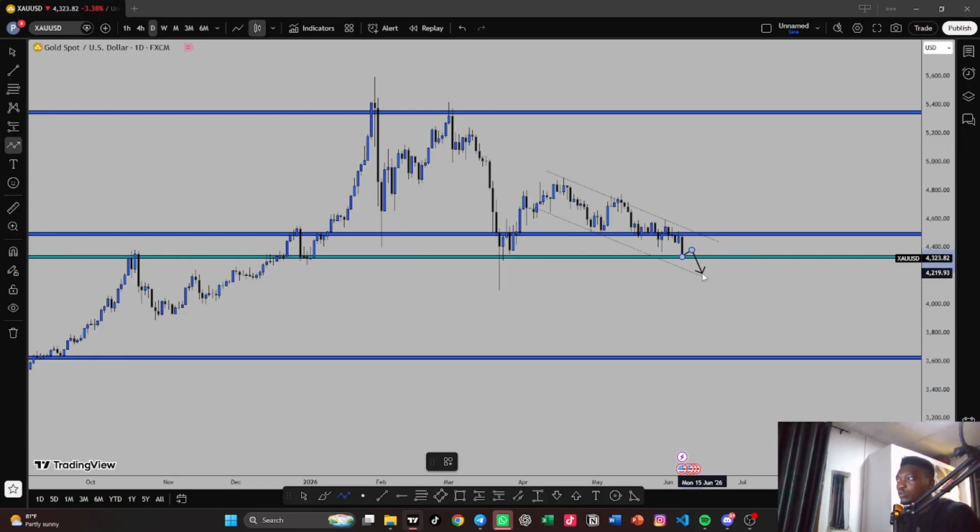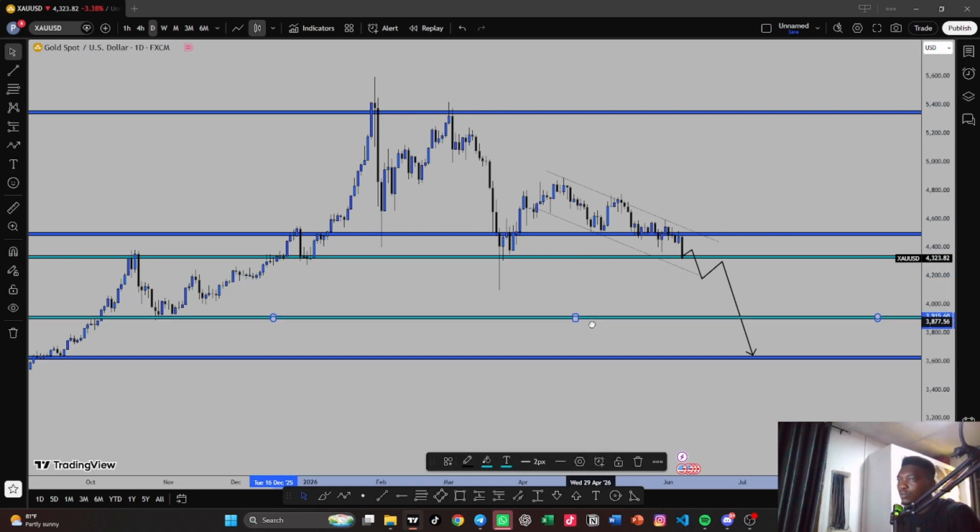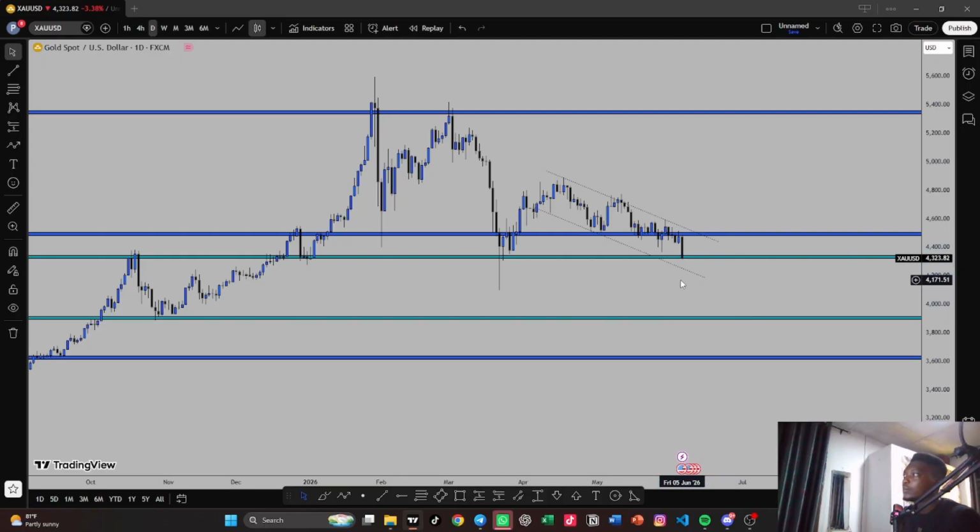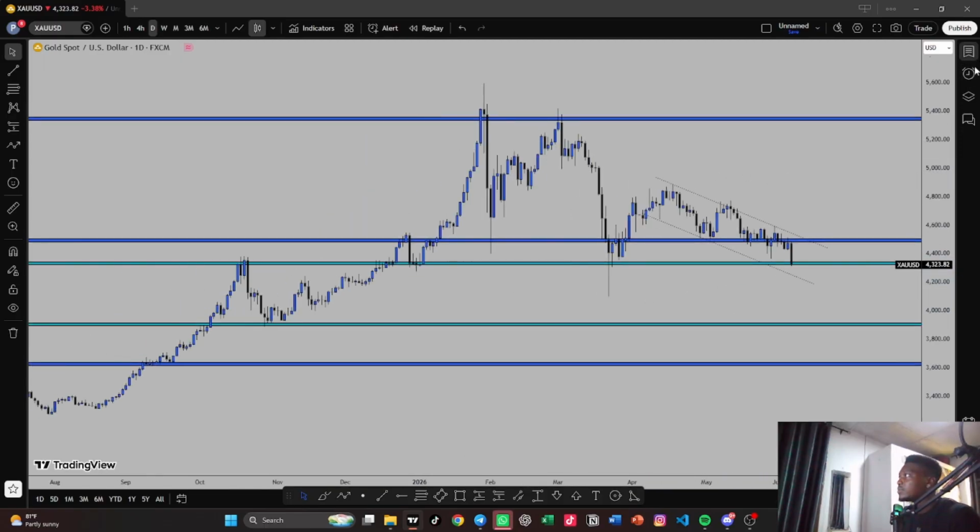If we break below this level, trust me, the next level target for gold, first, before we come to this blue bar, is this point. Gold to 3,900. That is that.